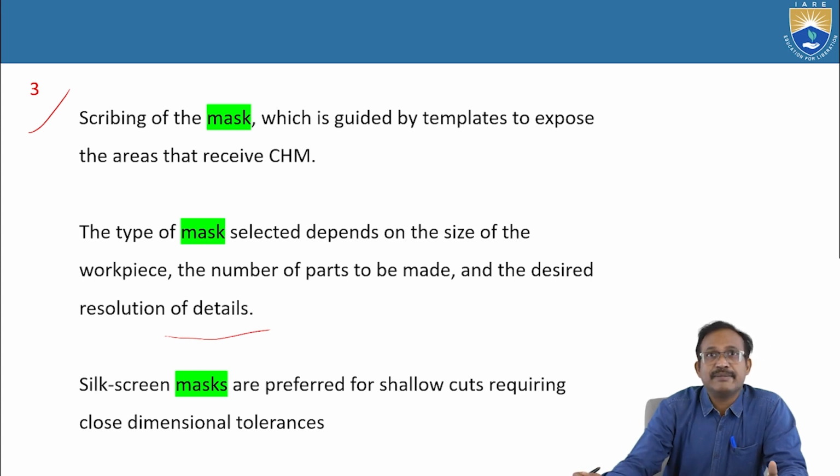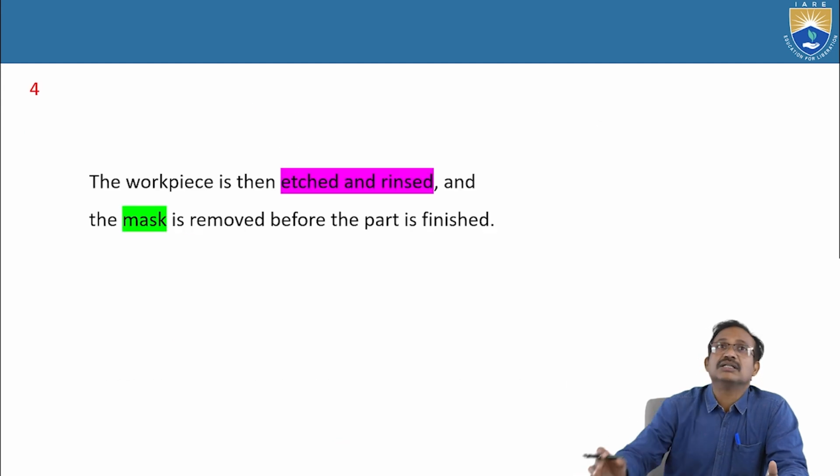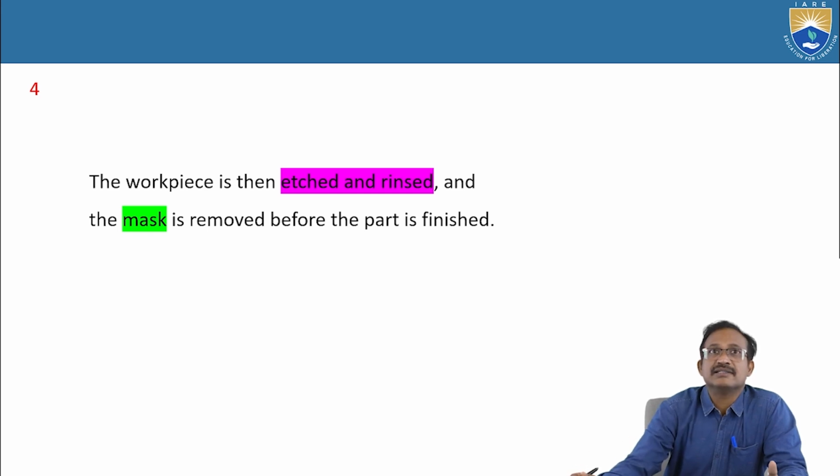Silk screen masks are preferred for shallow cuts requiring close dimensional tolerances. The last step, the fourth one: the workpiece is then etched and rinsed, and the mask is removed before the part is finished.